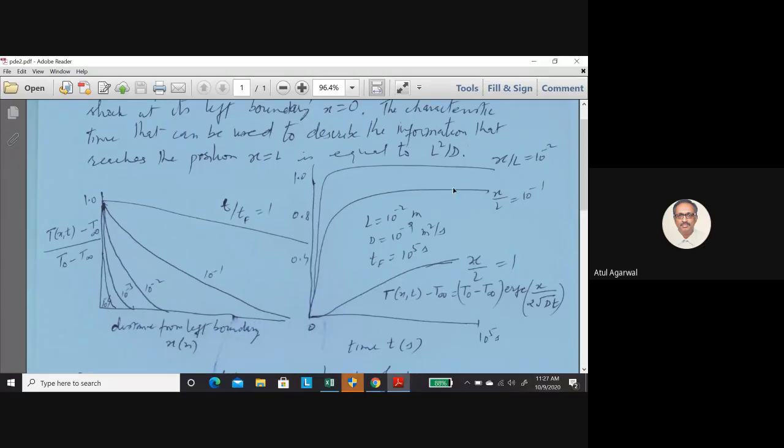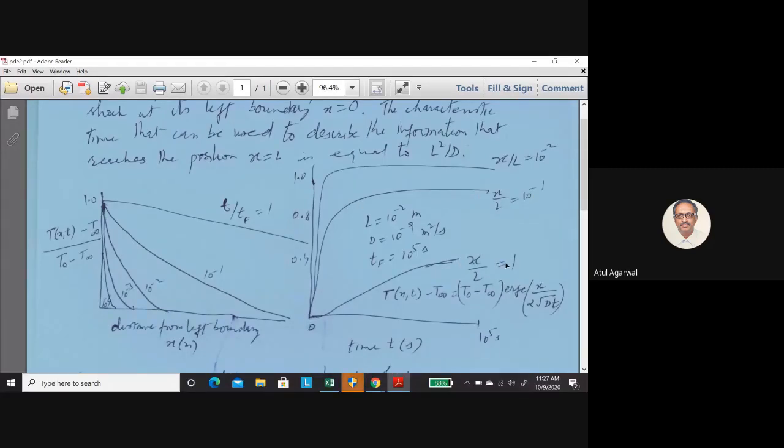Similarly, we look at it position-wise. When we are very close to the left end, it reaches the maximum value as soon as possible. But for farther away positions, it takes time to build up the solution.